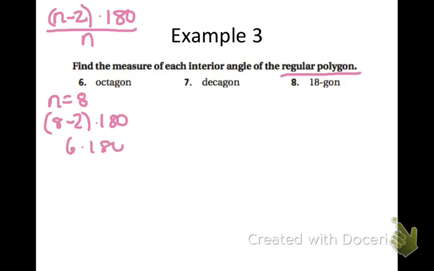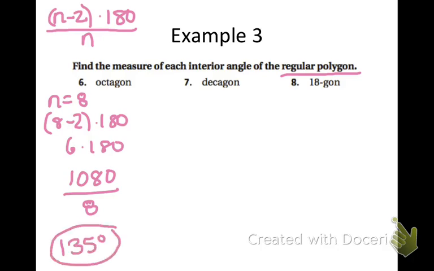So 6 times 180 is 1080, and then we have to divide by the number of sides, which is 8, because they are all equal. And so each angle in an octagon is 135 degrees, and that's what they're wanting to know.